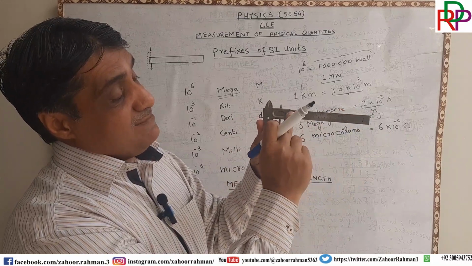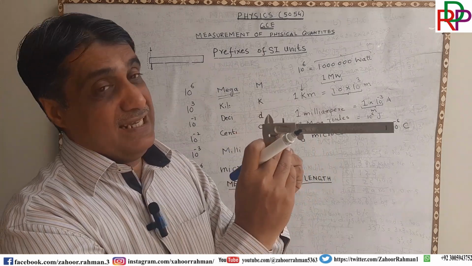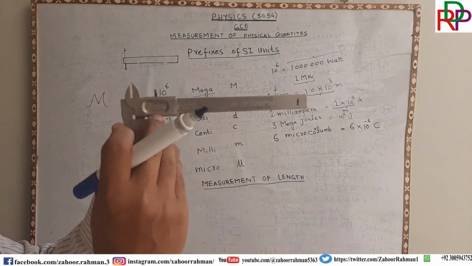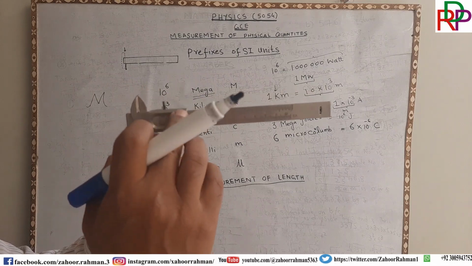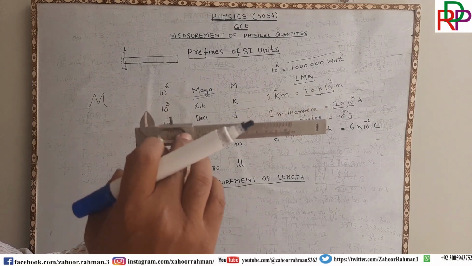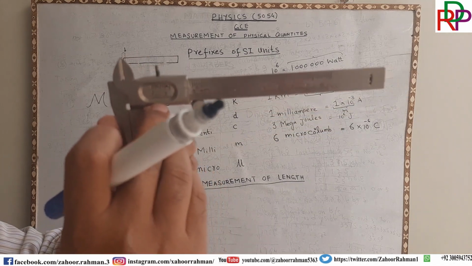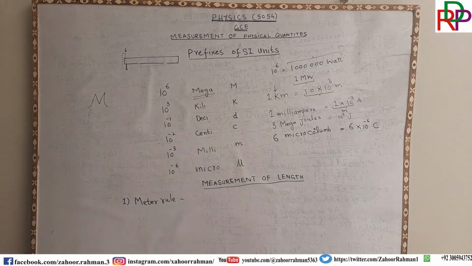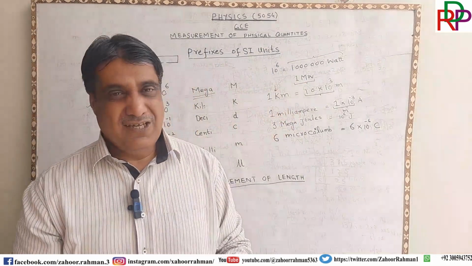Then there is the main scale. If you look closely, this is the vernier scale, which is elliptical in form. The graduations are given in an elliptical arrangement, and this is called the vernier scale reading.